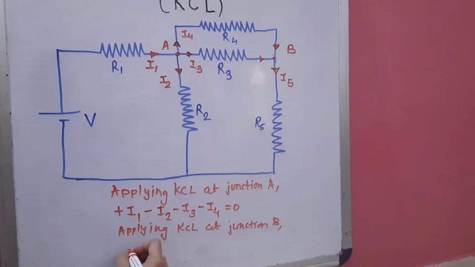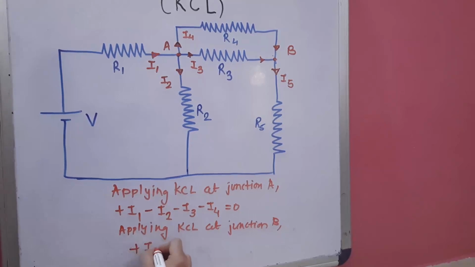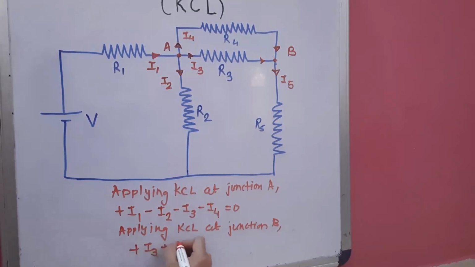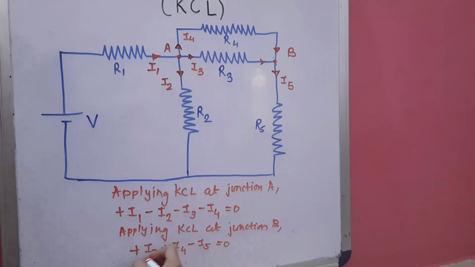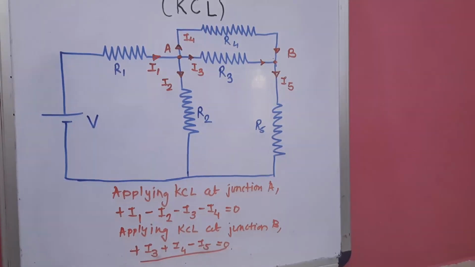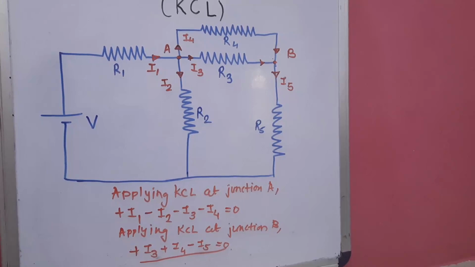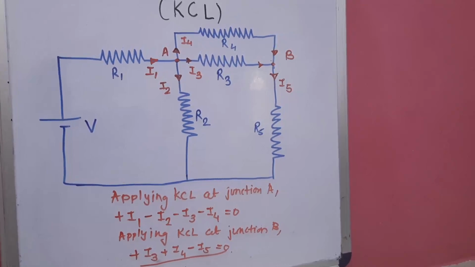So for incoming current I am taking positive sign. So positive of I3, positive of I4, negative of I5 is equal to 0. In other words, you can say that incoming current is equal to outgoing current for any junction.